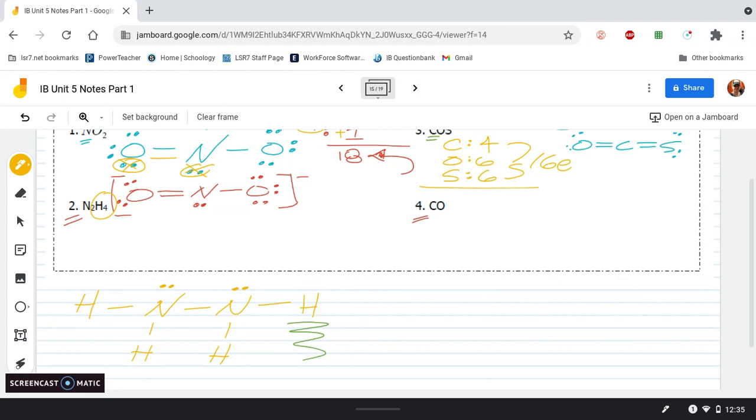Target number here. Nitrogen, target number of 5, and there's 2 of them. And then hydrogen is in column 1. And there are 4 of them. Target number 14. There's your target number.